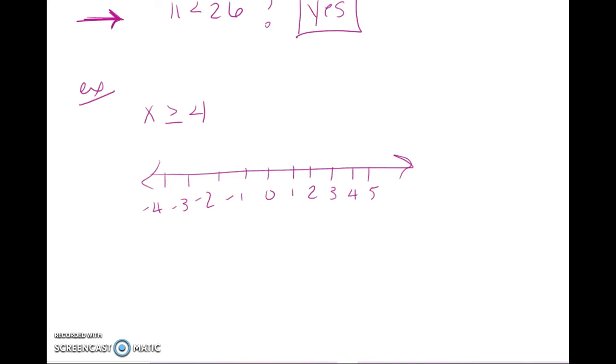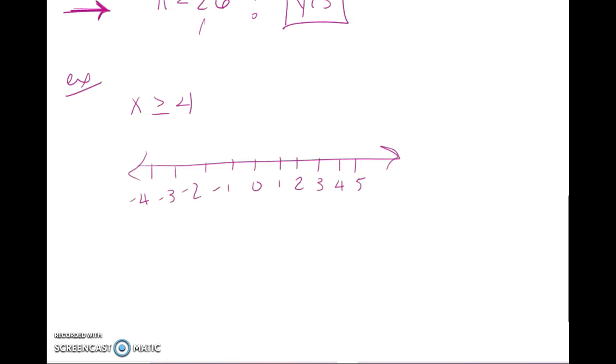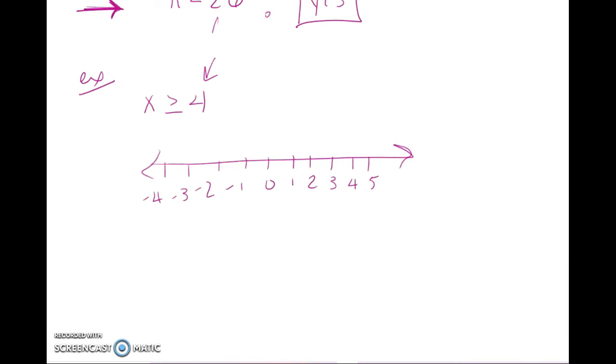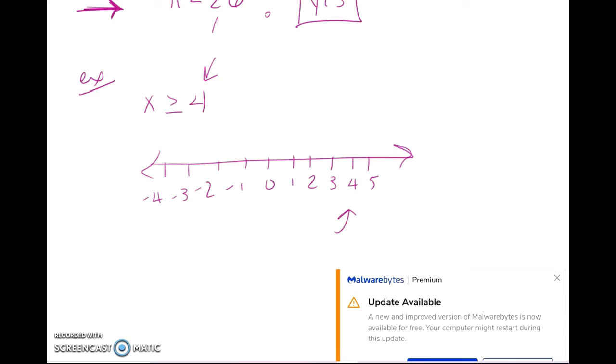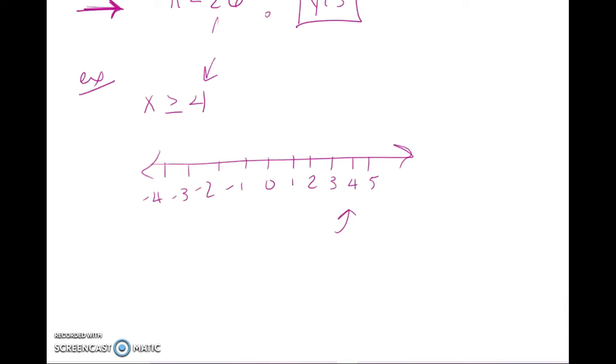Okay, so what happens when x is greater than or equal to 4? Well, make sure that you start with whatever number that you see here. We're going to start at 4. So I'm going to go over here and find 4 on the number line. And we have two things that we're looking for. The first is whether the circle is going to be open or closed at the number.